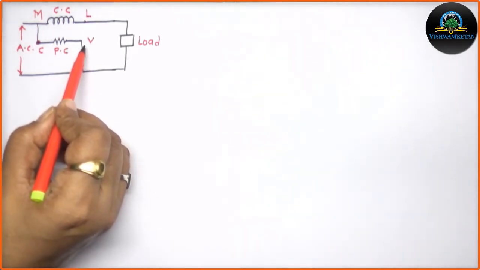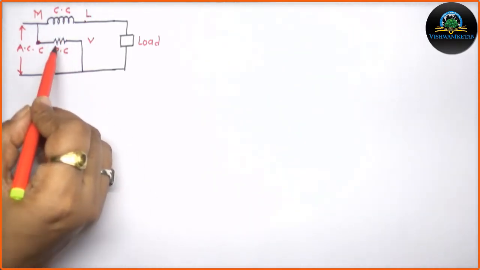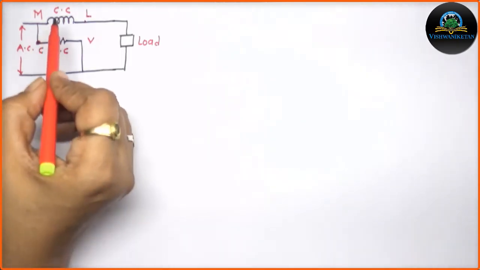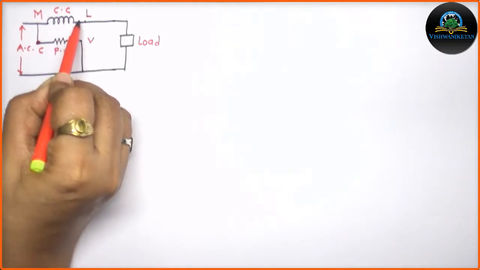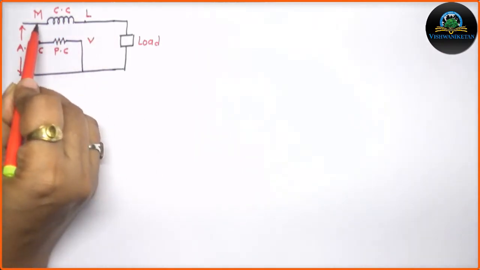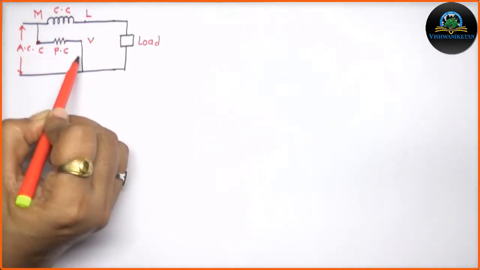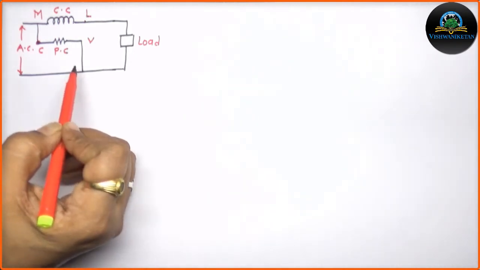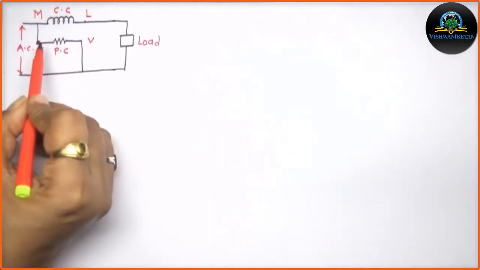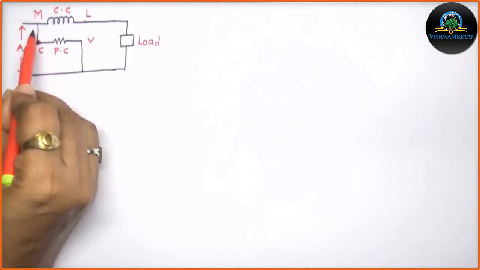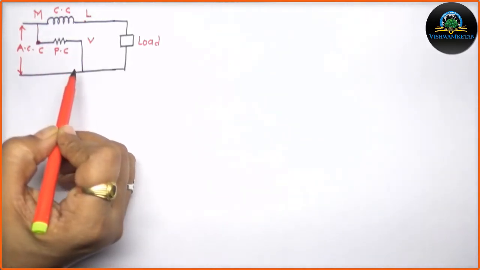It is necessary to understand the role of these two coils. If you check it clearly, you will find that the current coil is connected in series and the pressure coil is connected in parallel. It means that indirectly the current coil is playing the role of an ammeter and the potential coil is playing the role of a voltmeter.